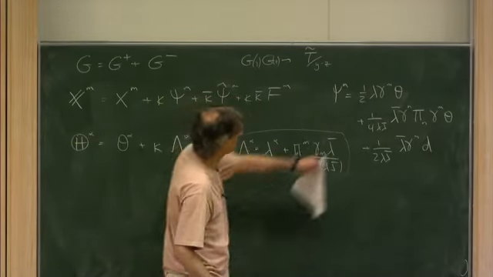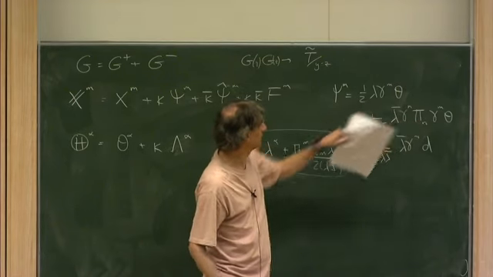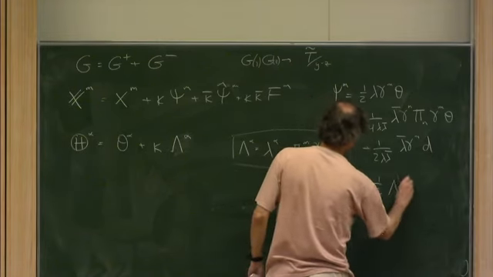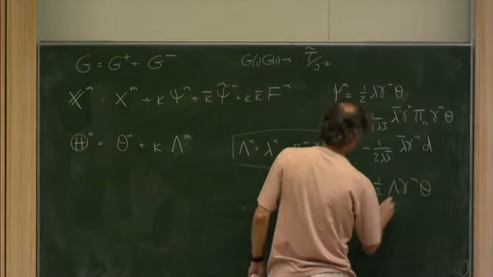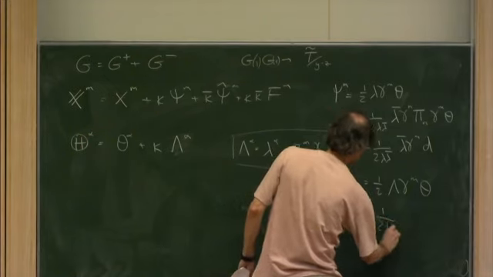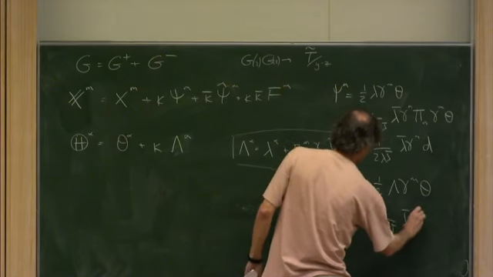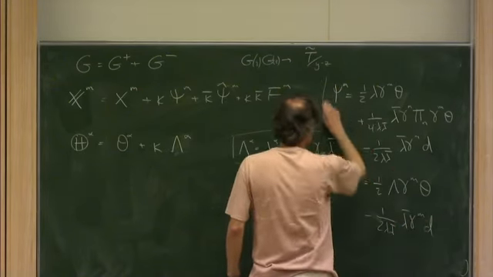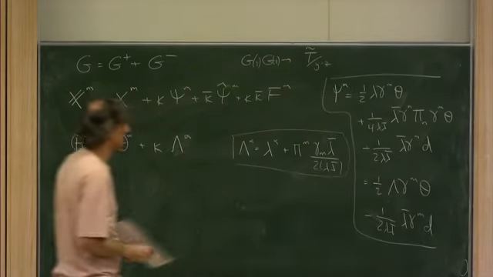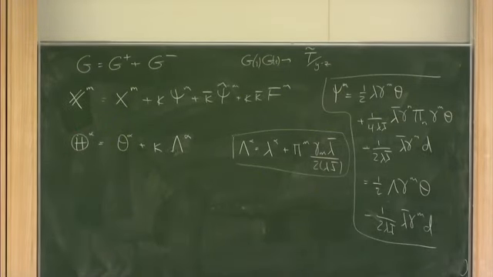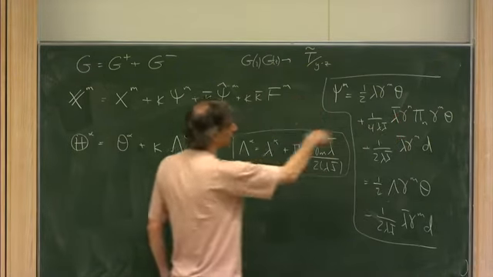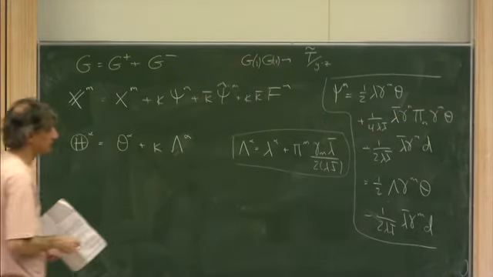Now if you're clever, you can see that these two terms combine into just being 1/2 lambda gamma m theta plus or minus. So psi m is a mixture of thetas and its conjugate, which it has to be because psi with psi has a singular OPE.